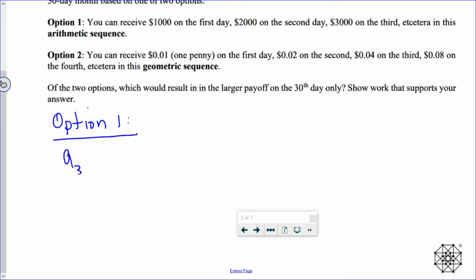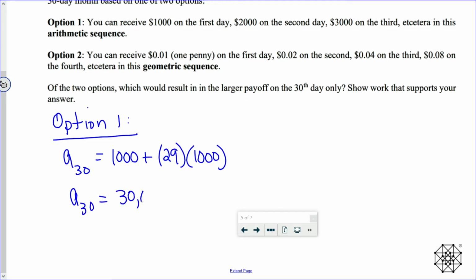If I write using sequence notation, I would have what I got on the first day plus 29, because we're talking about 30, times how much each one differs. So that's times 1,000. And not surprisingly, that means you're going to get $30,000 on the 30th day. I like that.